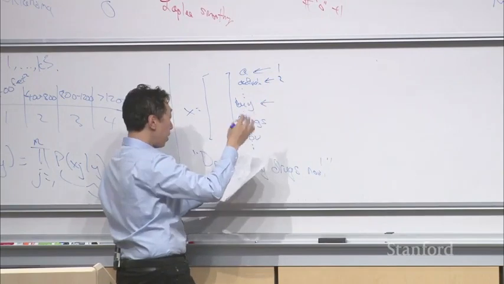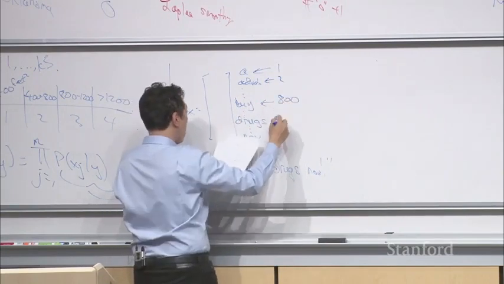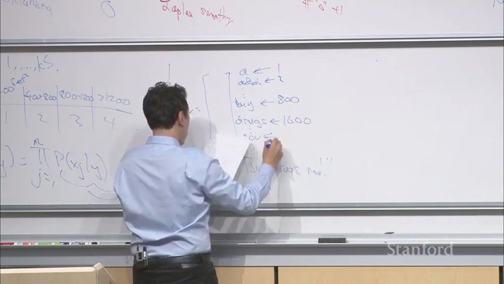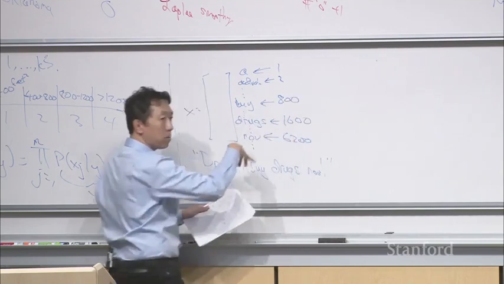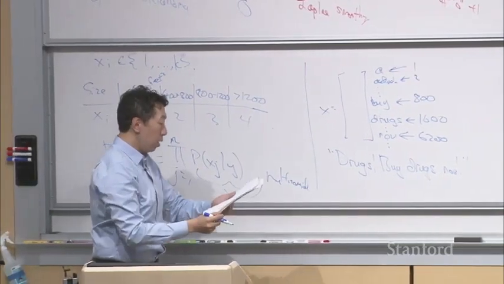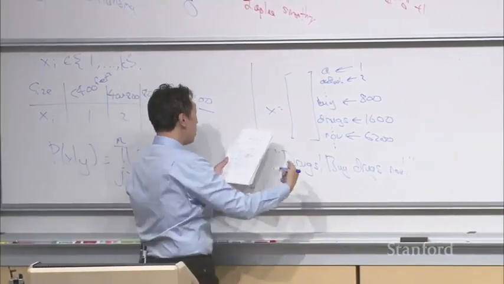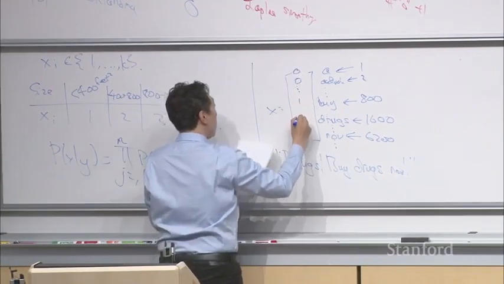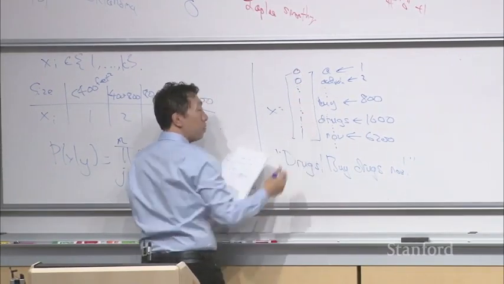Just to make this example concrete, let's say the word buy is word 800, drugs is word 1600, and now is the 6200th word in your 10,000 words in a sorted dictionary. Then the representation for x will be 0, 0, right, and then put a 1 there and a 1 there and a 1 there. Okay.